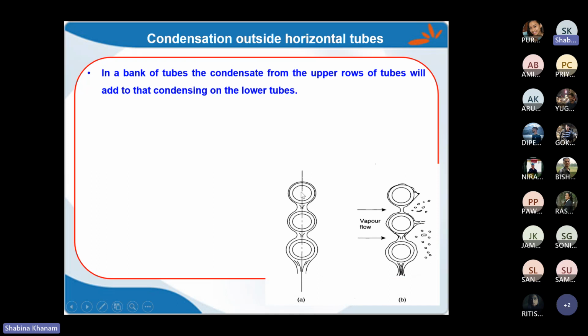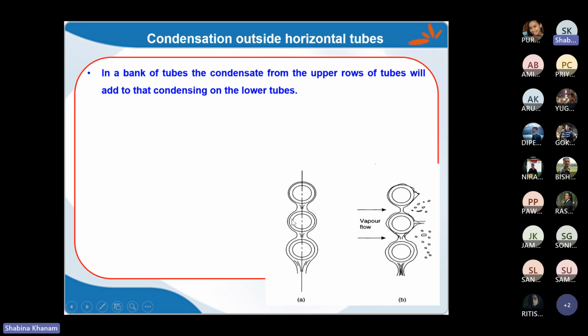Whatever condensate will be there, it will cross these tube rows. As we proceed from top to bottom, whatever condensate is collected from the top will move down because of gravity, and condensation will further occur over the bottom tubes.